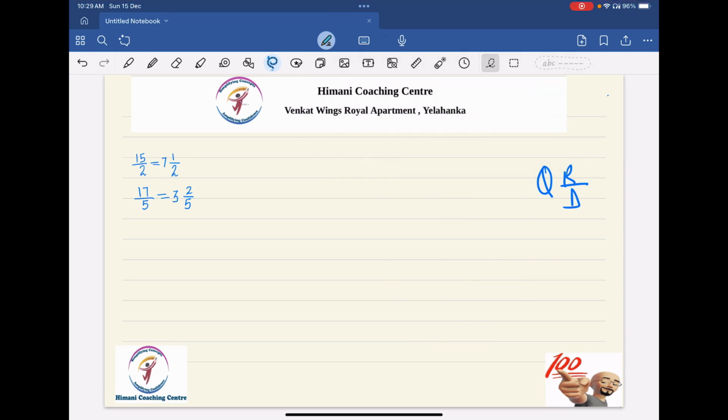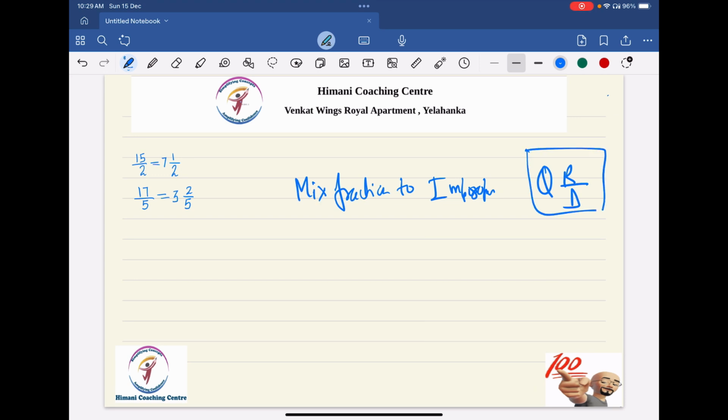So now when we have to convert a mixed fraction to an improper fraction, what we do is, see, just remember this QRD thing.